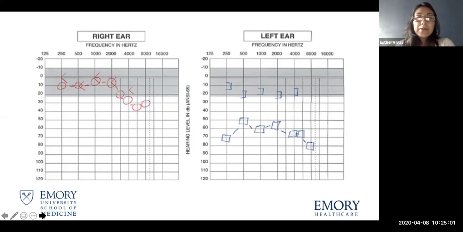In this level of conductive loss, you'd also expect the Rinne test to be bone greater than air. And so sometimes we run into nomenclature issues, Rinne negative, positive. So what I tell our residents is, if you're not really sure, instead of saying negative or positive and potentially reporting the wrong thing, just describe what the patient said. So bone greater than air.